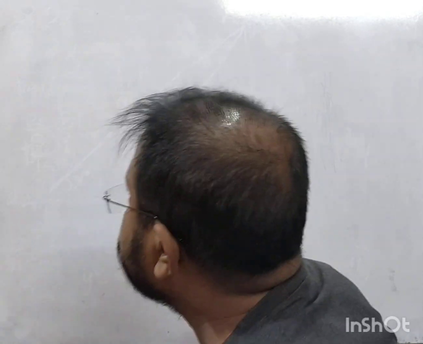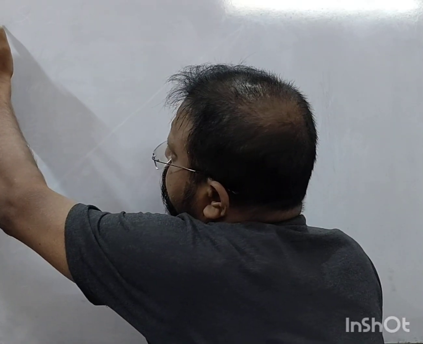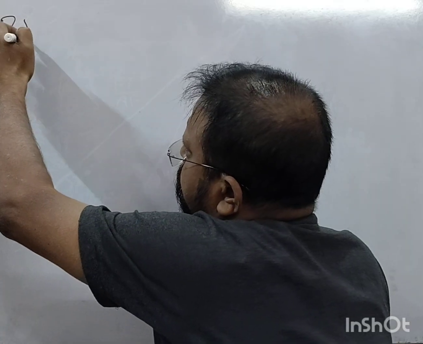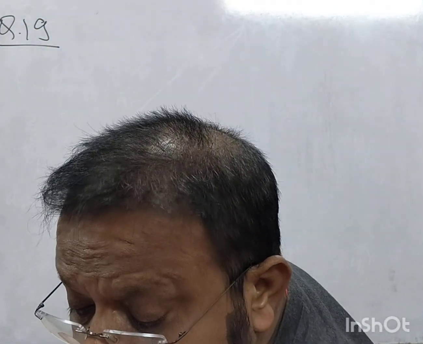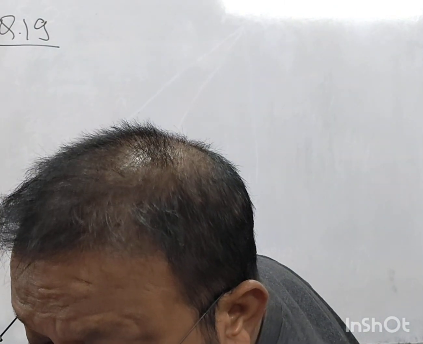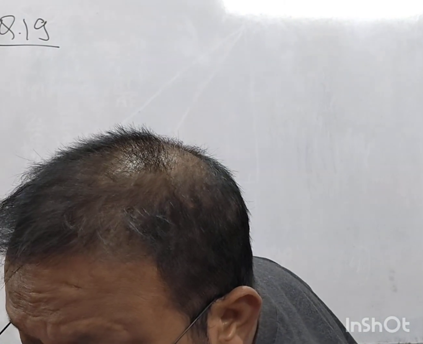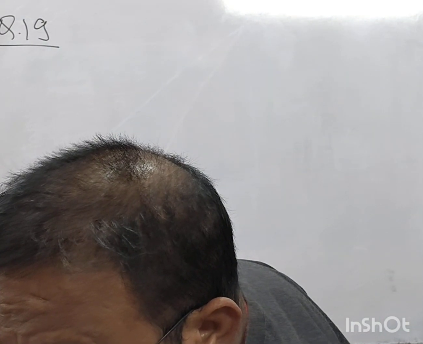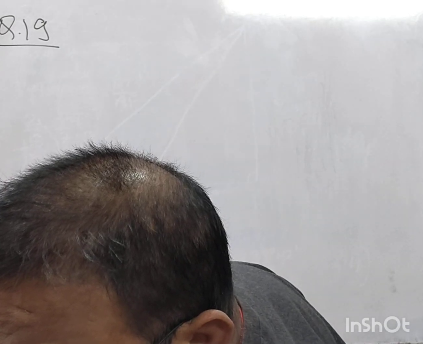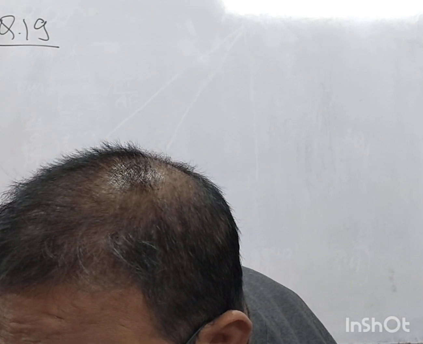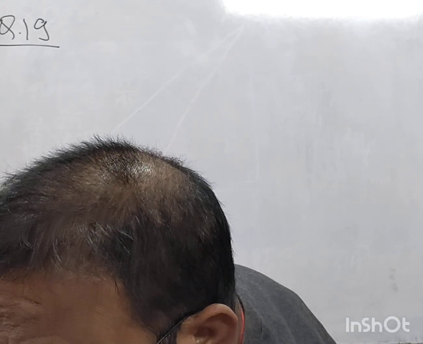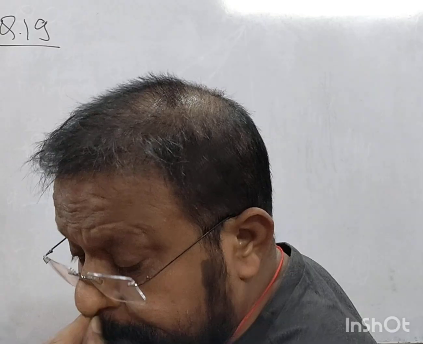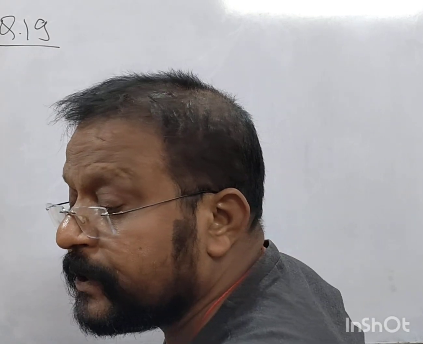Question number 19. A point on a level ground, the angle of elevation of a vertical tower is found to be such that its tangent is 5 by 12. On walking 192 meters, okay. So the point is like this.